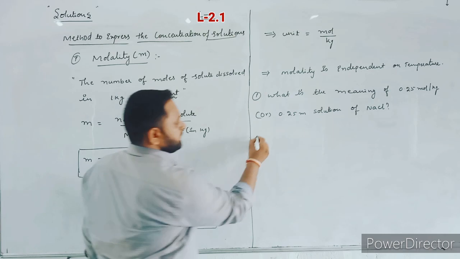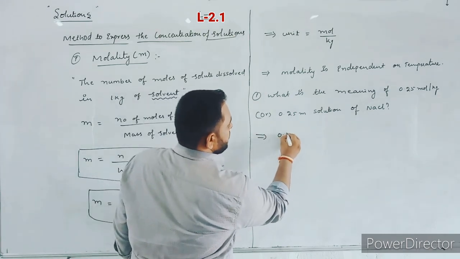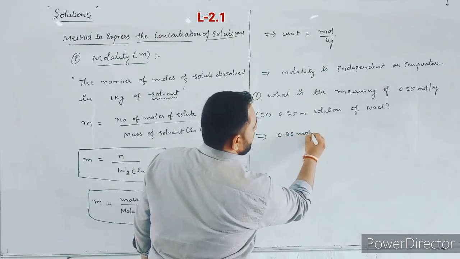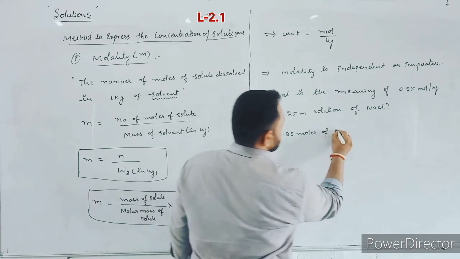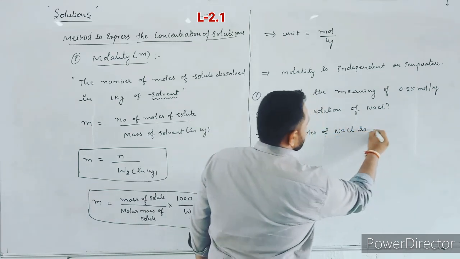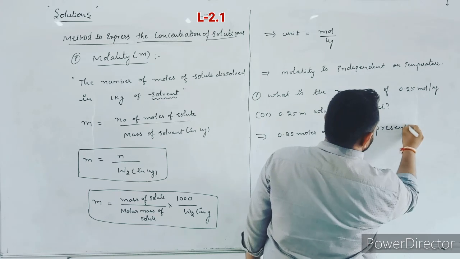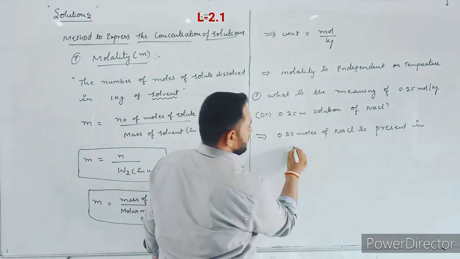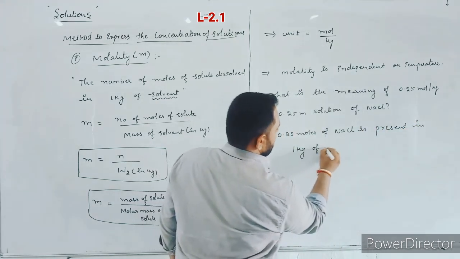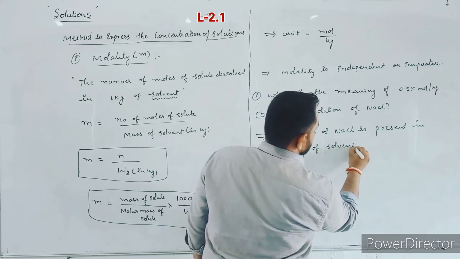Let us write the meaning: 0.25 moles of sodium chloride is present in 1 kg of solvent.